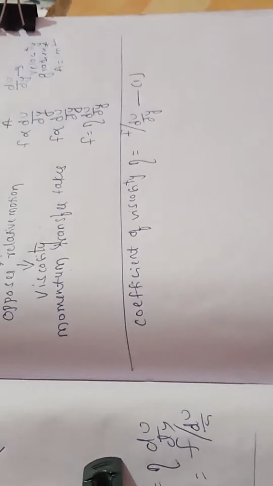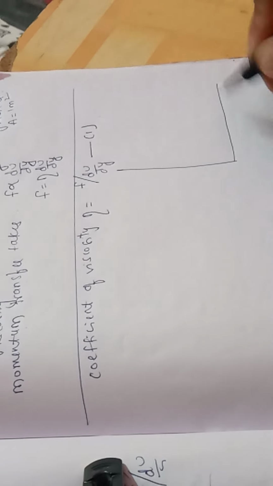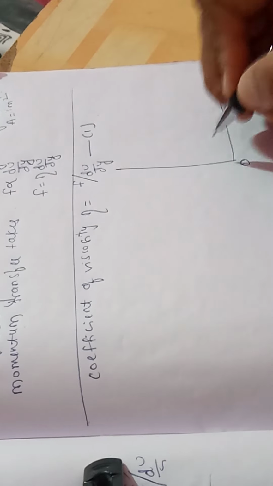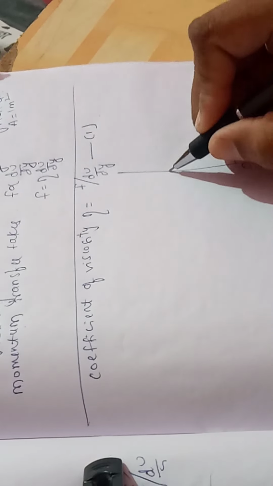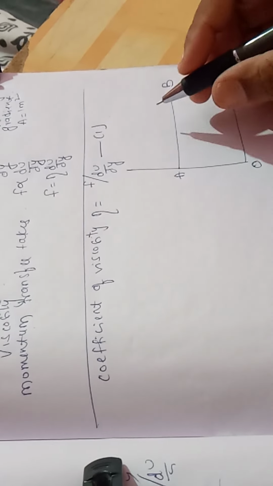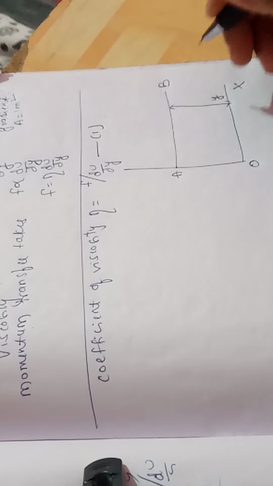Right. Now the layers which are attached to OX will have zero velocity. As we go in the upward direction, the velocity increases. Let us consider one layer which is at a distance y from OX.